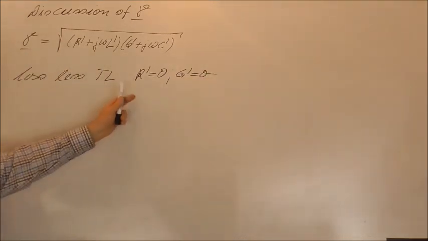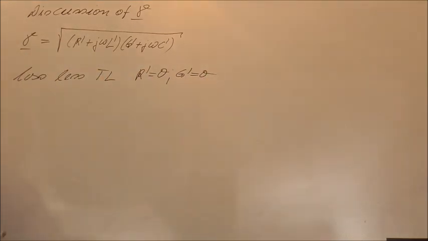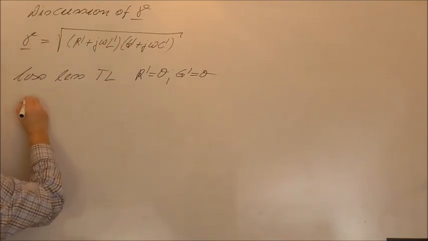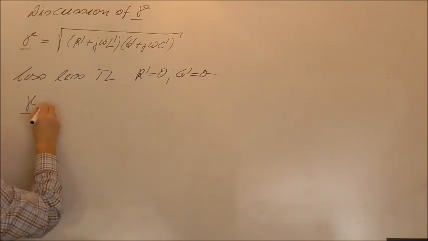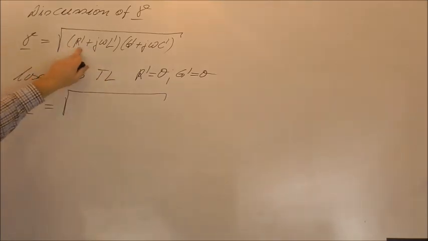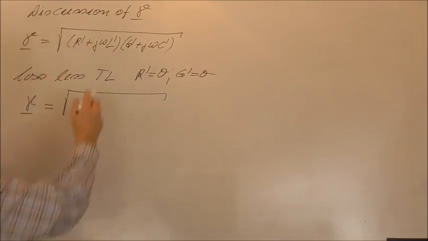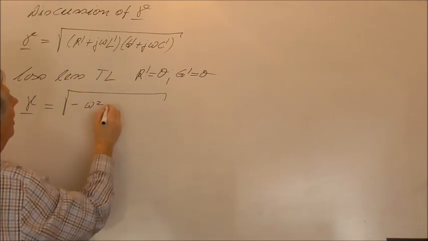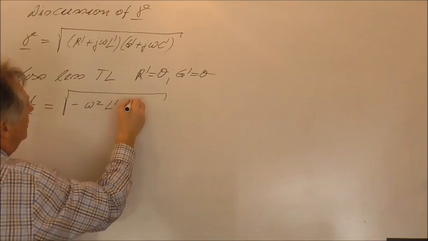So both will vanish, and of course if you have a look at this equation, we will find that gamma is given by, of course this is 0, this is 0, and we have j times j, which will be minus omega squared L' C'.